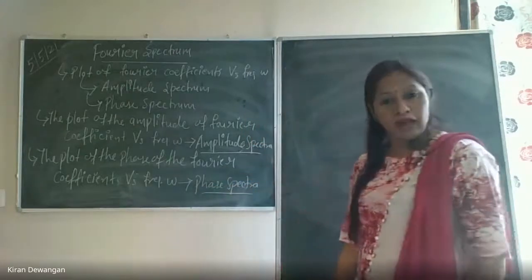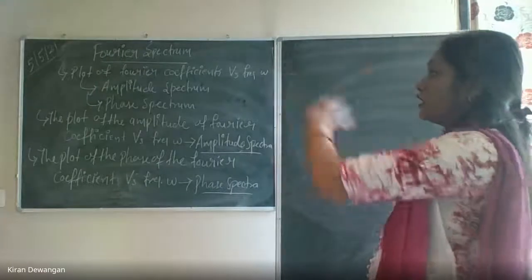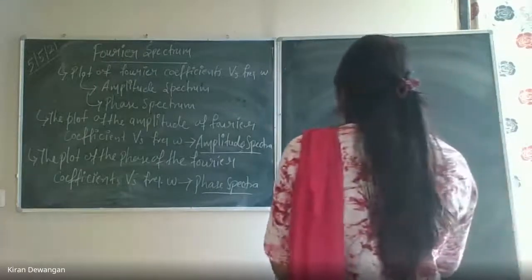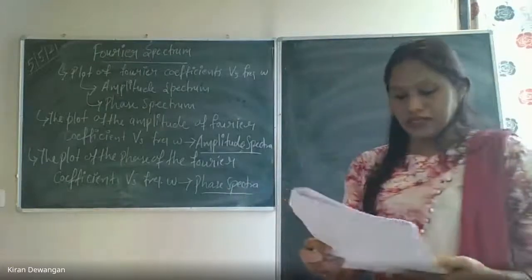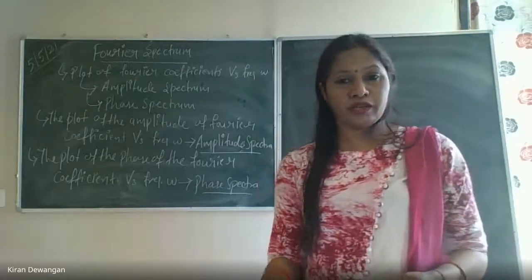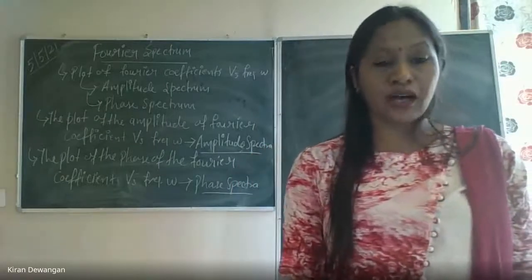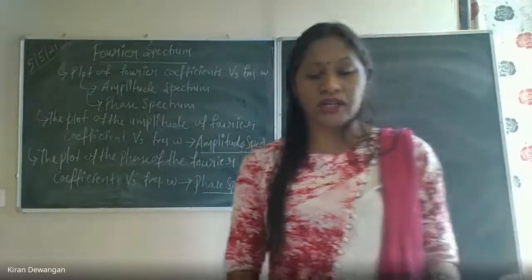So we have amplitude spectra and phase spectra, and they both form a Fourier spectrum. Okay? Now in this one, the type of representation is always in the frequency domain. Two plots together are known as the Fourier frequency spectra.